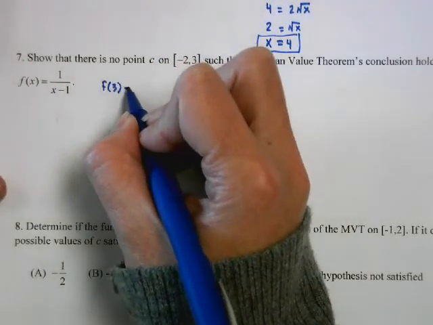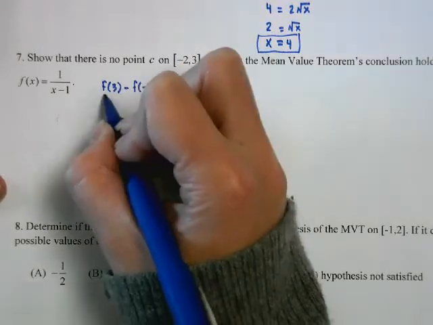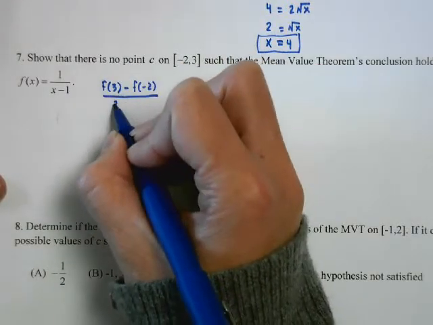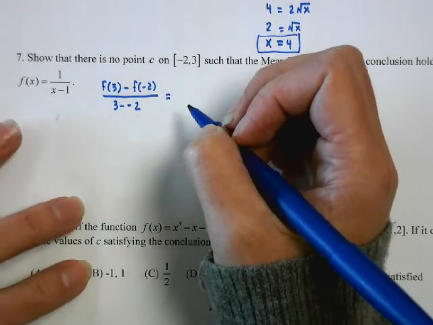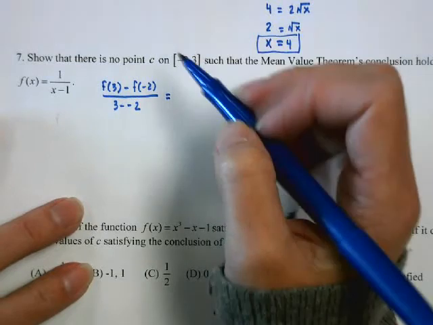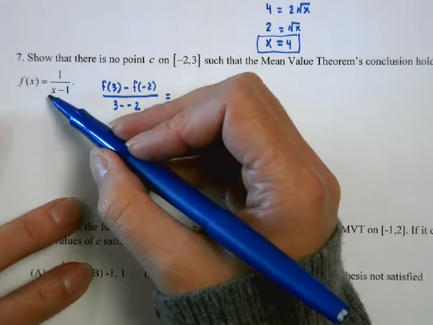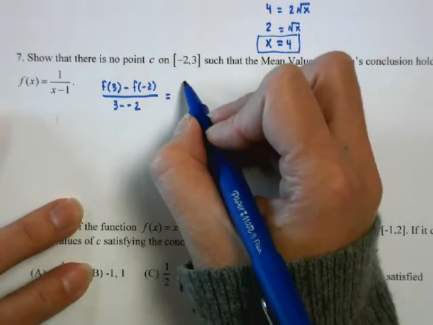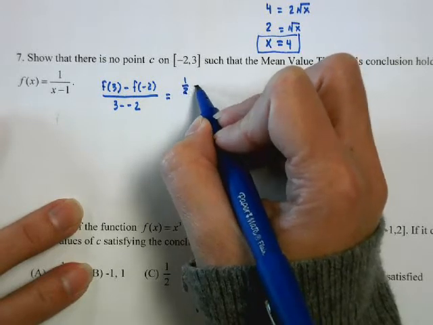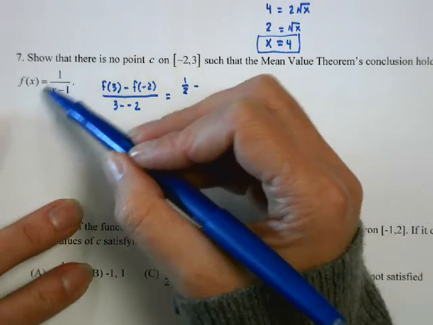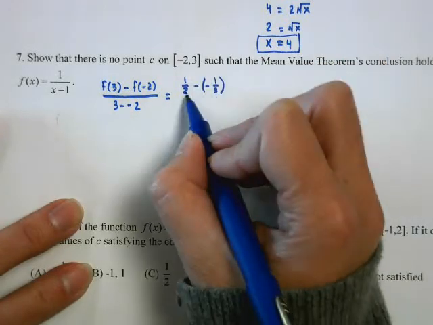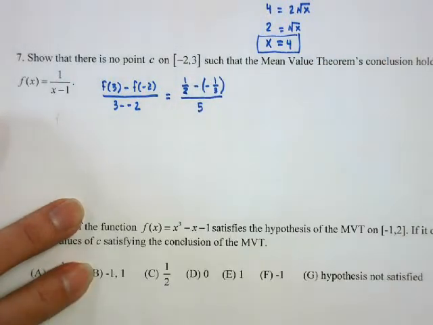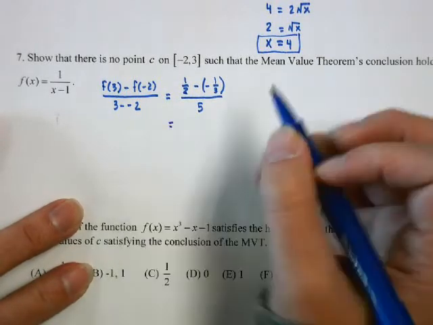So f of 3 minus f of negative 2 over 3 minus negative 2. When I plug 3 in here, we're going to have 1 over 3 minus 1, so that's going to be 1/2. Minus, when I plug in negative 2, we're going to have negative 1/3, over 5.